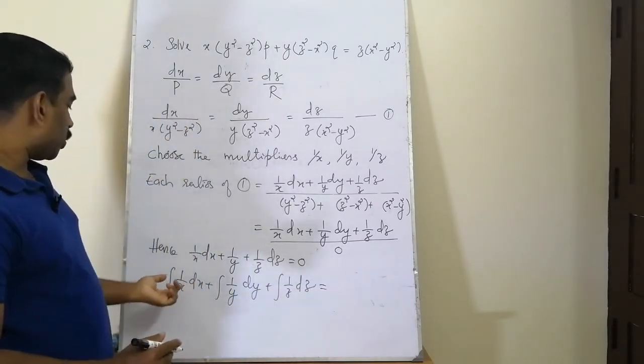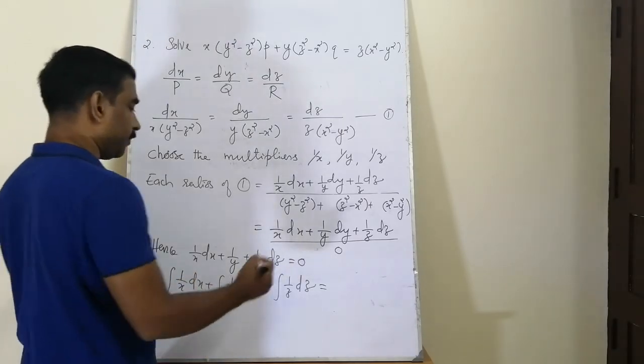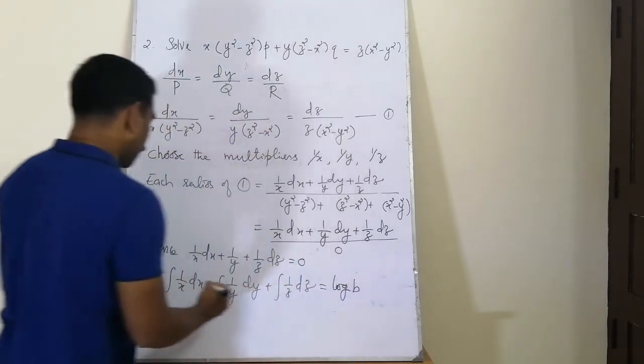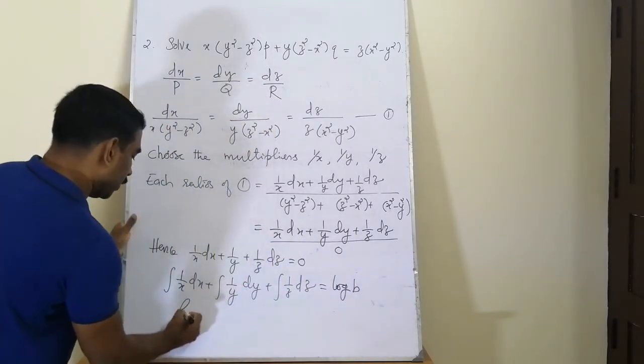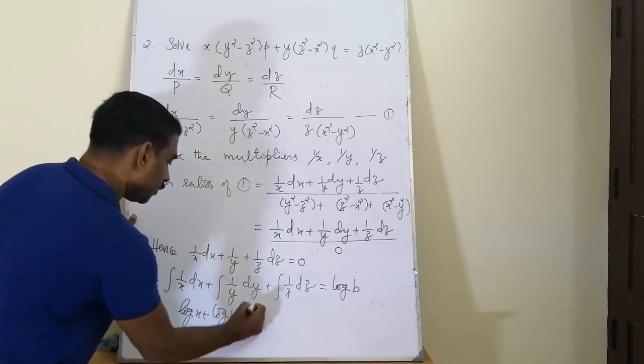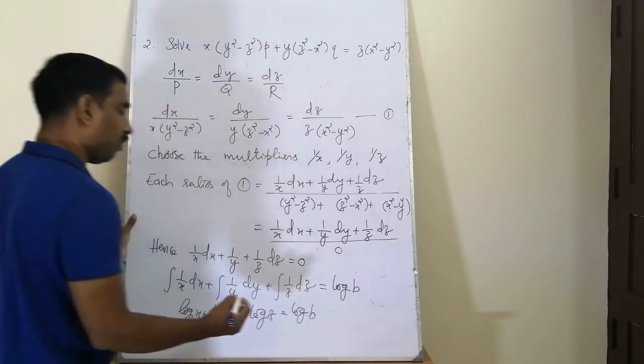Here we can choose the constant properly as a logarithm, because each integral will give a logarithmic answer. So we call it log b. That is, log x + log y + log z = log b.